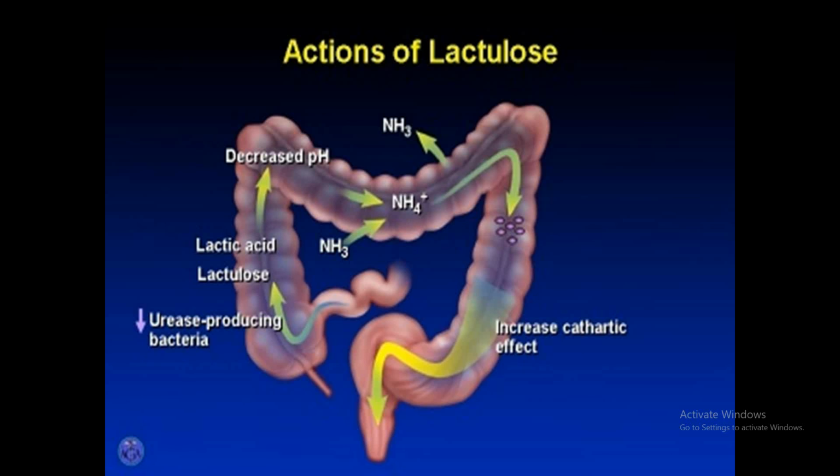It will also help in the movement of peristalsis, and the urease-producing bacteria will be decreased because of the increased lactic acid. Lactic acid is a good absorbent, and it has an increased cathartic effect and loose motion occurs. These are the actions of lactulose.